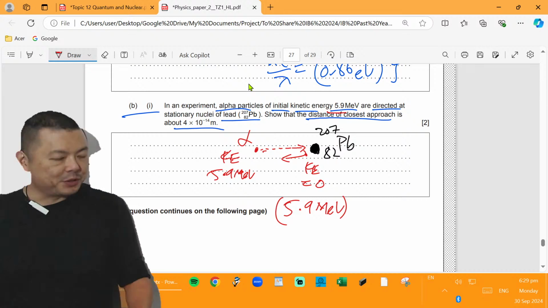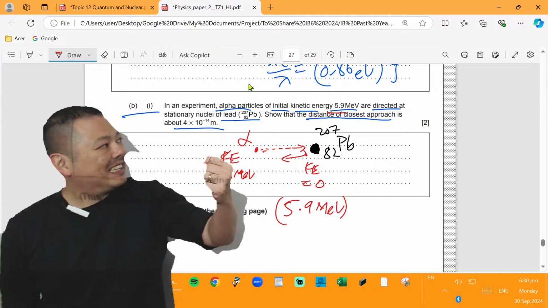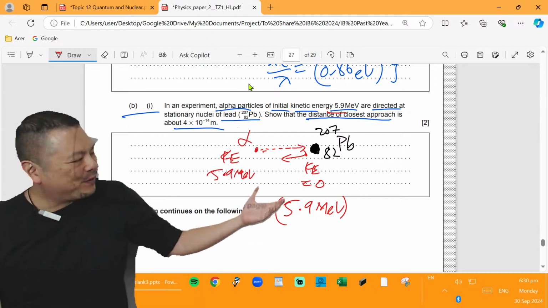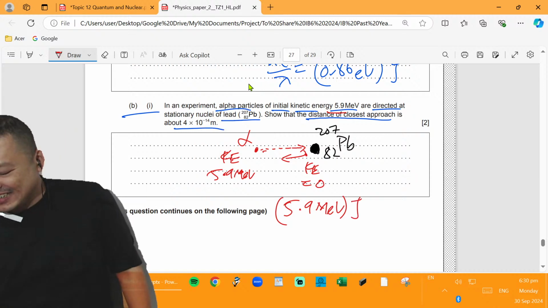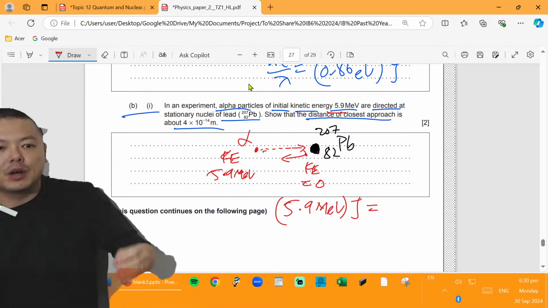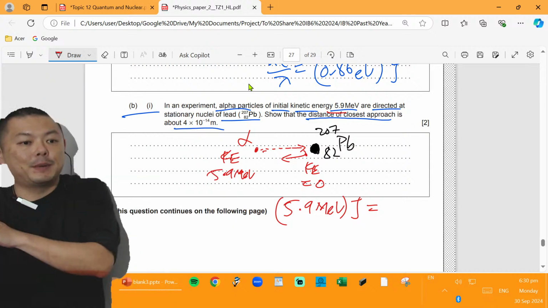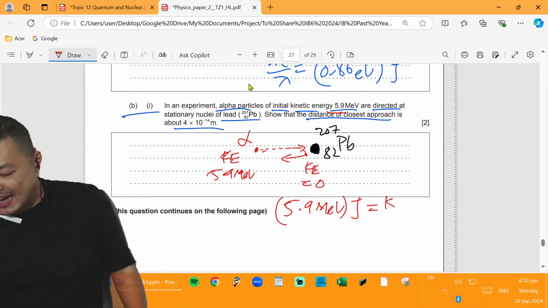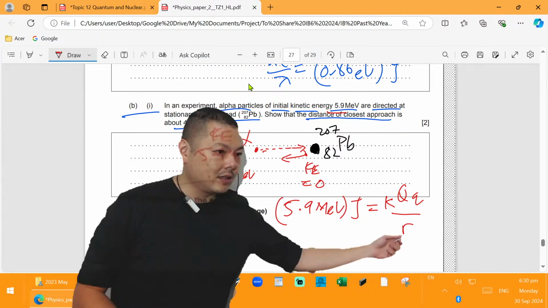Right, 5.9 MeV converted to joules equals, and what's the equation for electric potential energy, EPE? It's kQQ over r. No square, because it's EPE. kQQ over r.